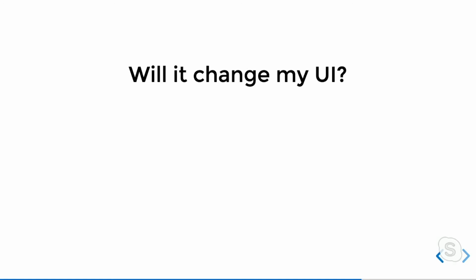Issue with those changes is that it might change the UI, and you don't want to do that because you have some requirements from the client, from the designers, from the UX guys, and so on, and they want to stick with the UI, the pretty one which they designed.